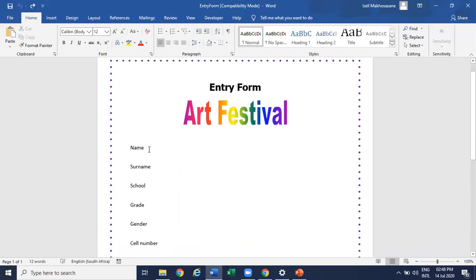So this is electronic, but surveys are not only electronic. You can also print out papers and give it to people so that they can fill them out. But today we are focusing on the electronic way of making a questionnaire.